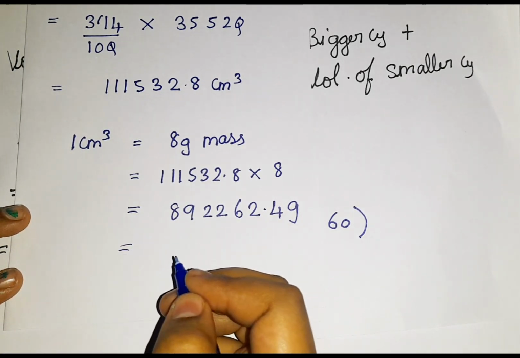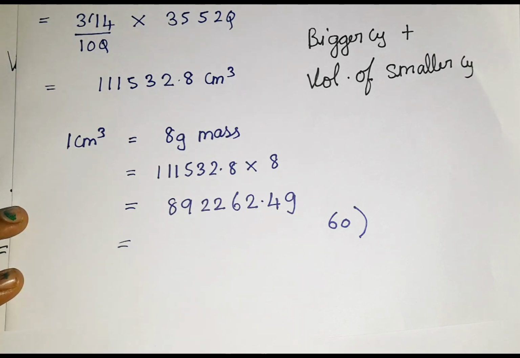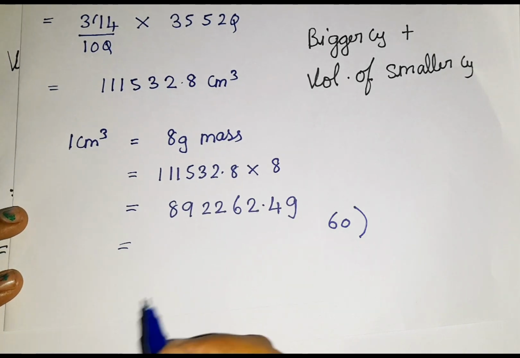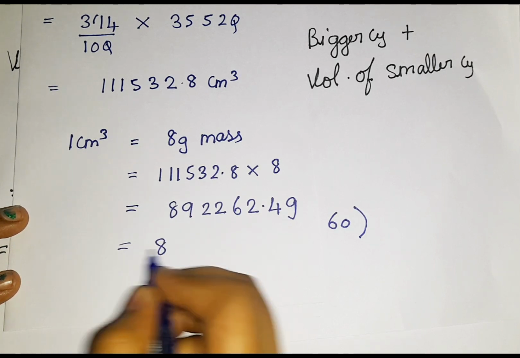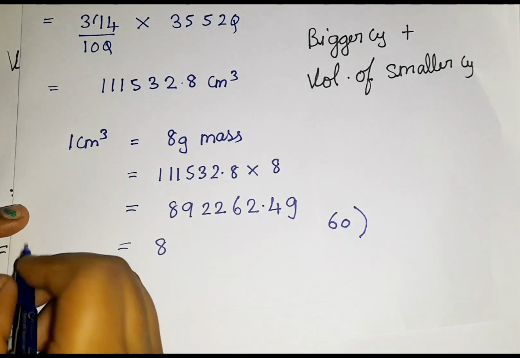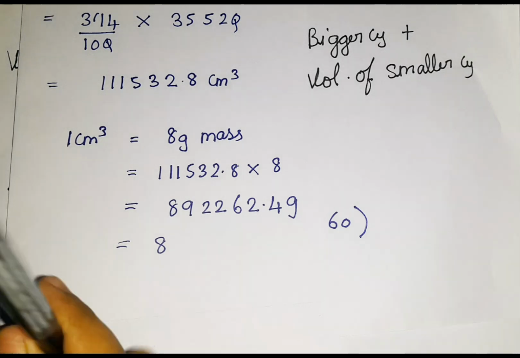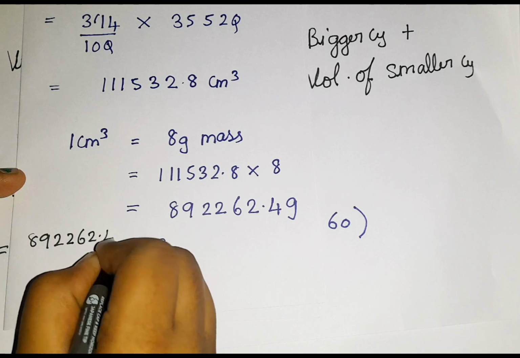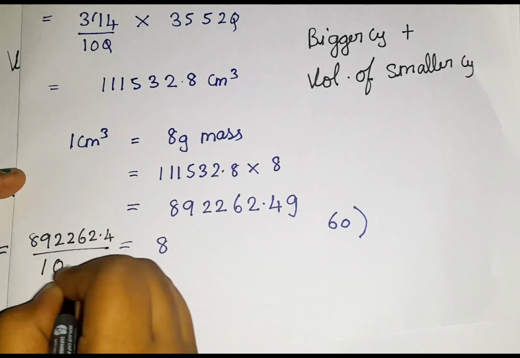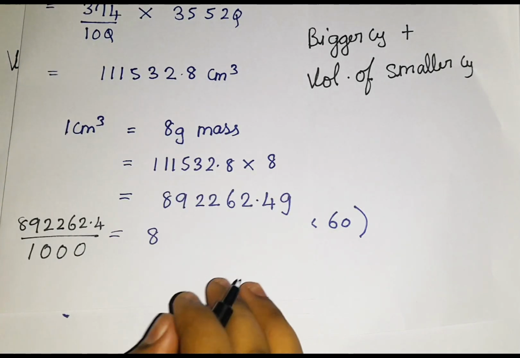Okay, so we can just convert to kg, right? So when we convert to kg we are supposed to put the point here. Am I right? Why? Because kg means divided by, so I'll write it here. Okay, in black I'll write. So kg means we are supposed to divide the number by 1000. Okay, that is how we convert, right?